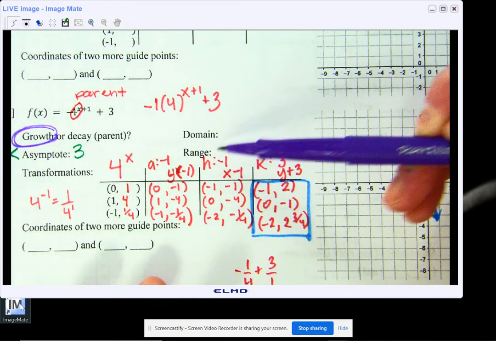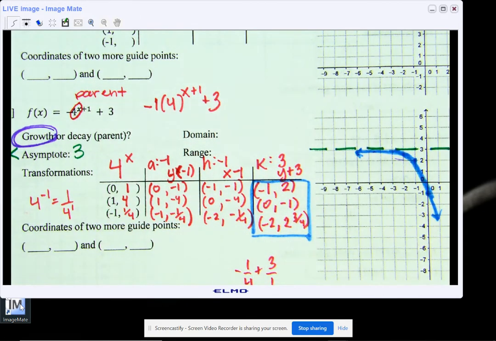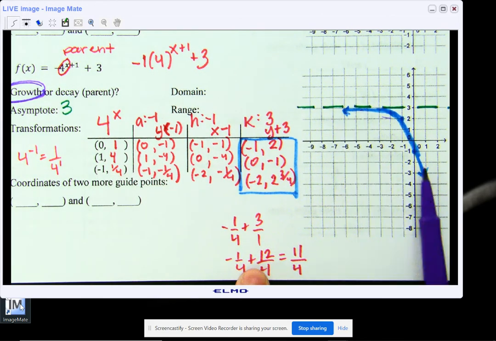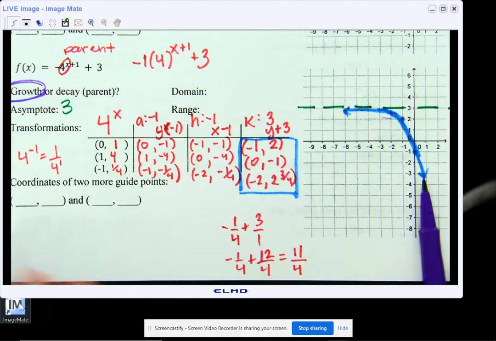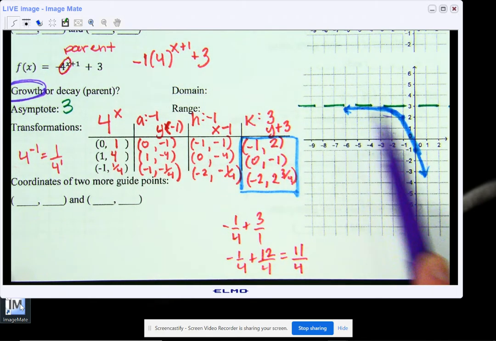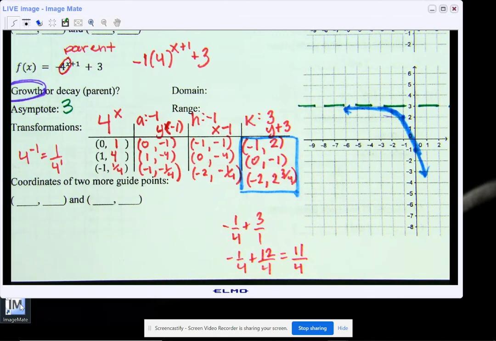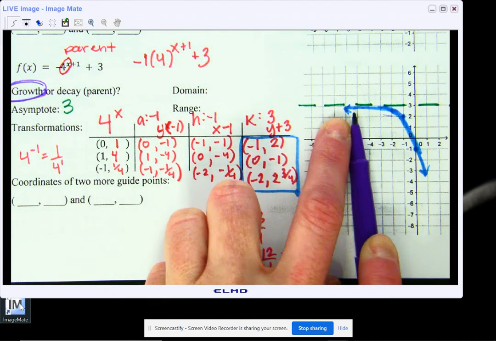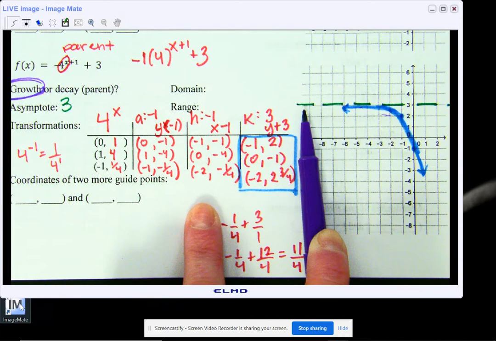Now for the domain and the range, the domain are the x values that are included in our graph. So if we look at our graph, you should have arrows at the ends. Make sure that you're putting arrows on the ends. I've seen some people not do that. If you don't put the arrow, that means it ends where you end your line. Correct, it keeps going. So if we look at our x coordinates, this end of the curve is going to go on forever to the left.